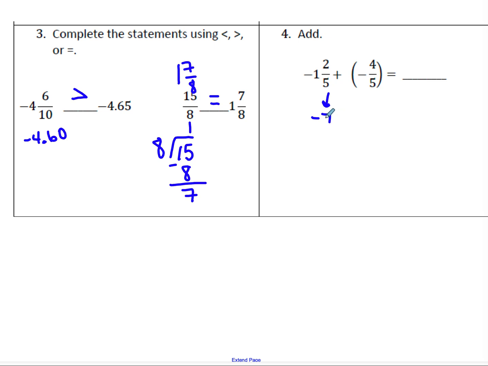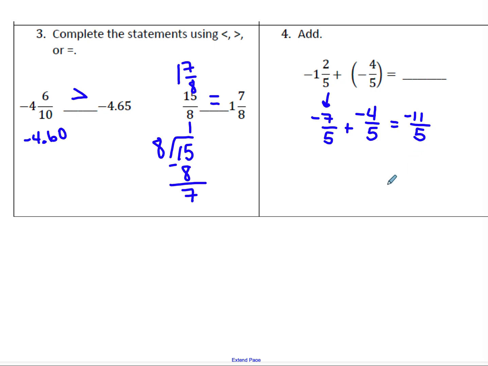So I have -7/5 plus -4/5. Same sign, find the sum. -7 plus -4 is -11. With addition, once we have that common denominator, that stays the same. That is the size of the piece. That part doesn't change. That's just how big your piece is. I have -11 of the 1/5 size pieces.